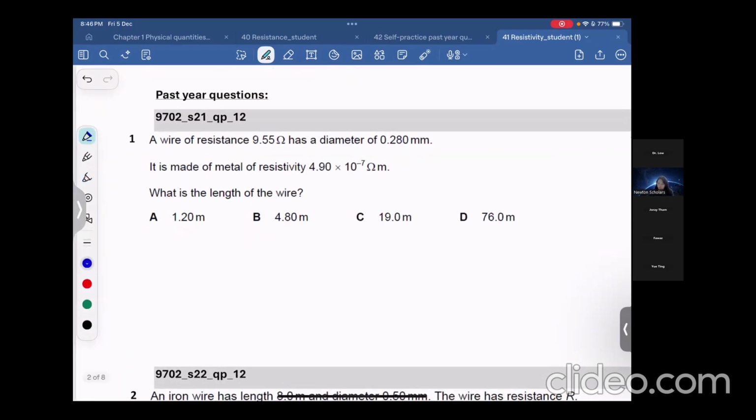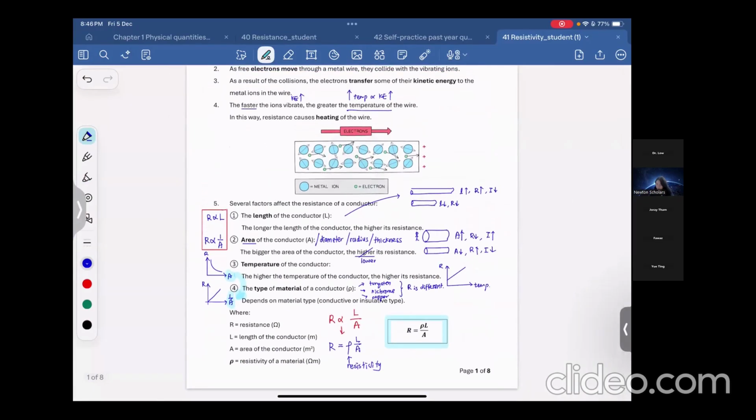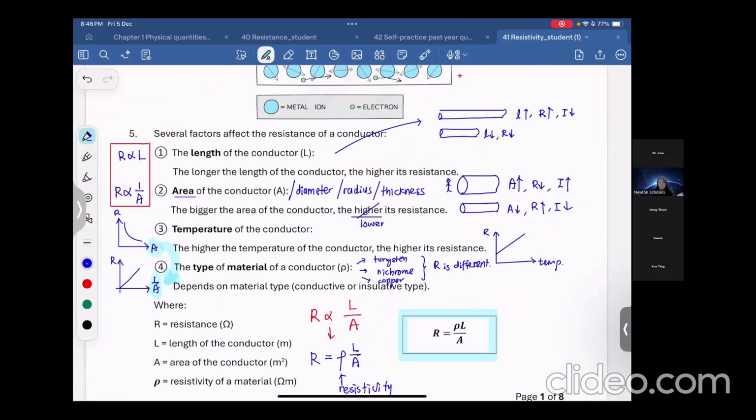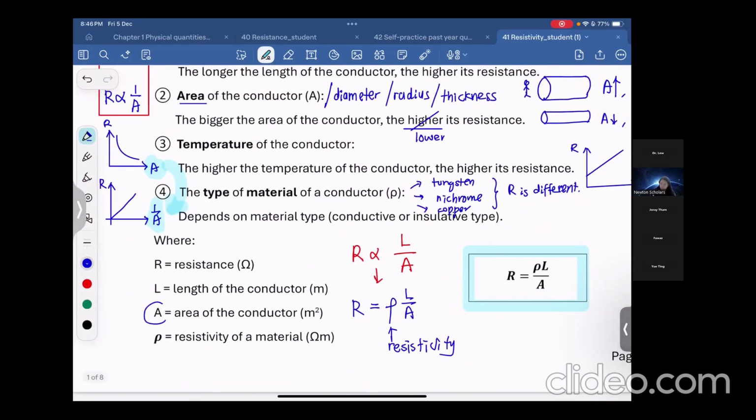One more thing I want to emphasize here. In your A level, it is the same as what we learned in Form 5 and IG. Slightly different is that the area they won't provide to you directly. Area we know is pi r square, right?